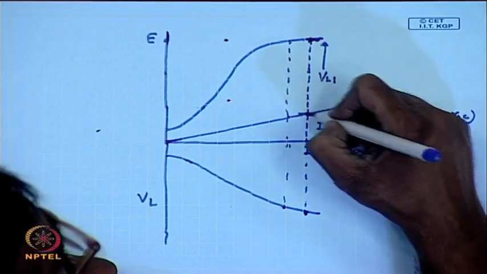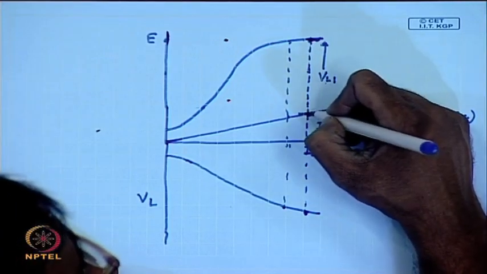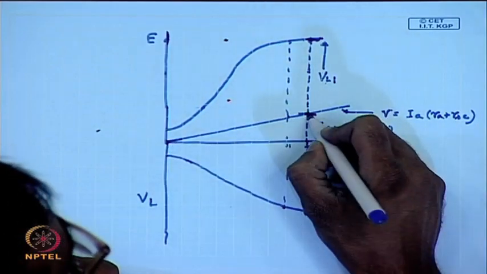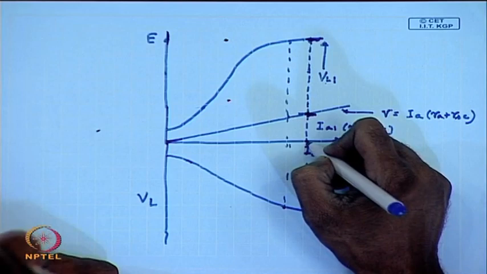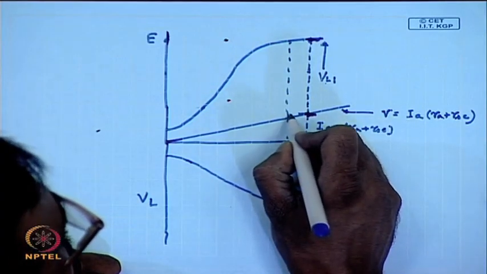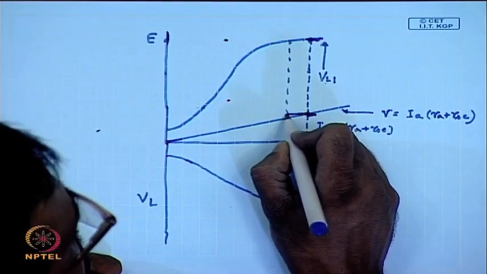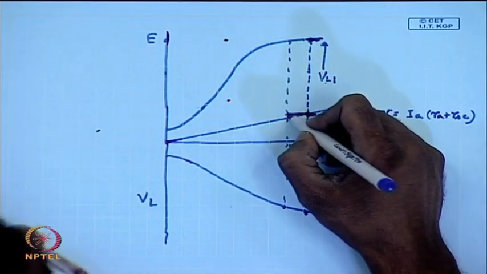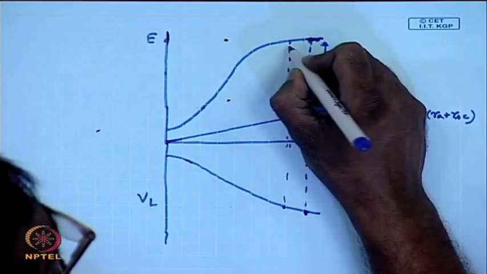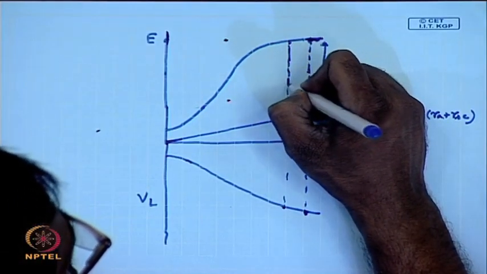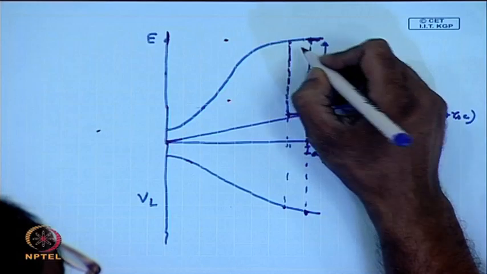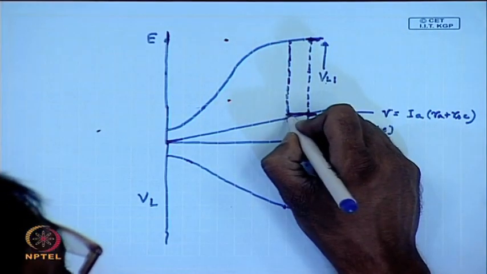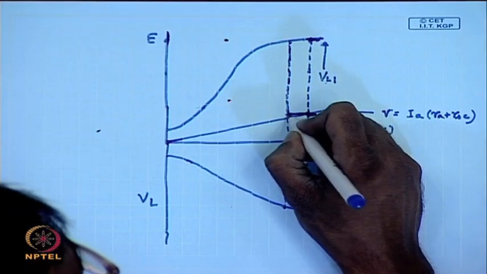We first draw the line and find the drop across the armature and series resistance, and then from here subtract the equivalent armature reaction field current, and the vertical distance of the OCC at that point gives the terminal voltage.